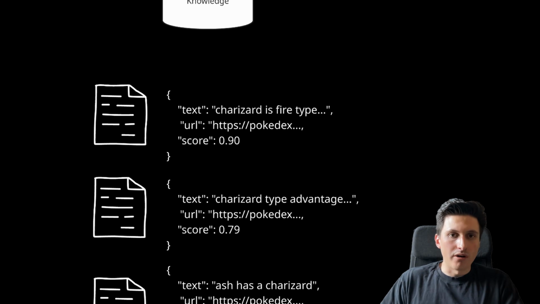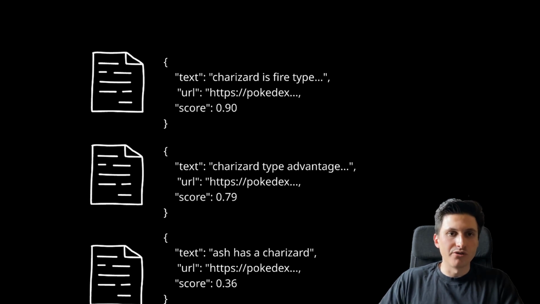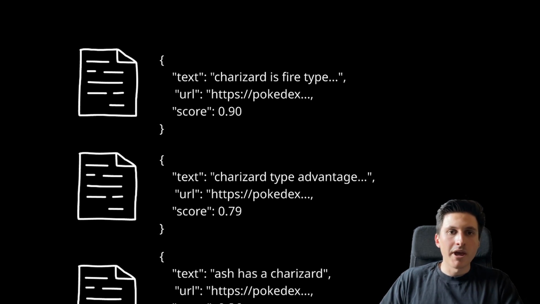And our keyword search query is going to return a series of documents. Each document will contain the text of the document, which should contain some information about each Pokemon. It will also contain a URL, which is where we scraped this document from, and will also be returned in the answer, such that the user of our chatbot can verify whether what the chatbot has said was indeed true.